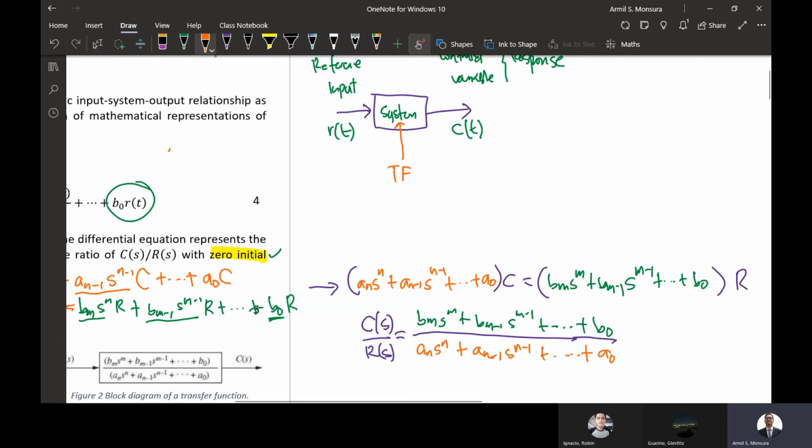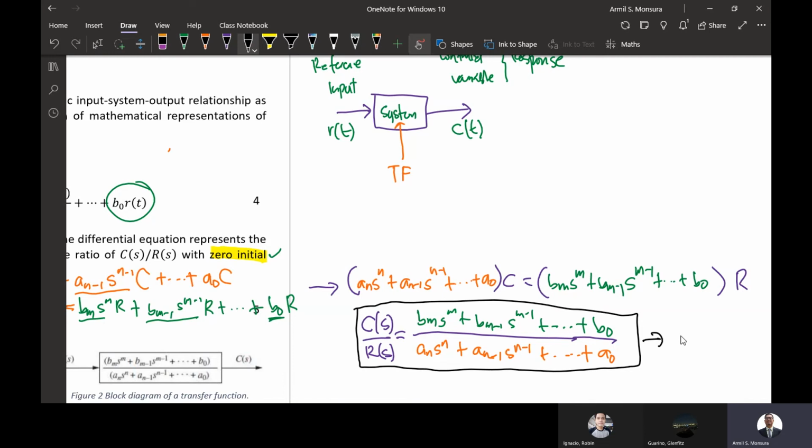So, itong ratio na nakuha natin na to, yan yung tinatawag ngayon natin na transfer function. Okay, this is now what we call the transfer function of your system.